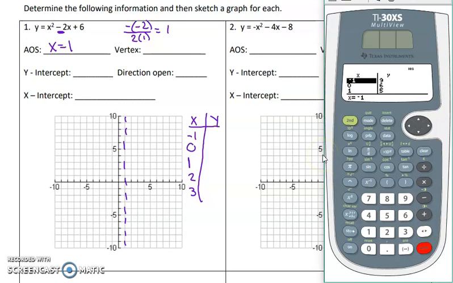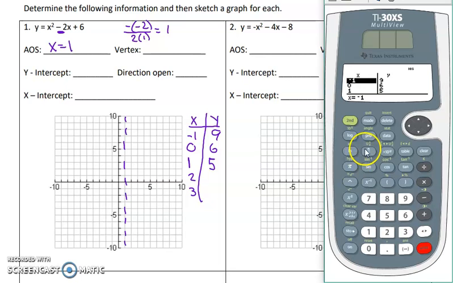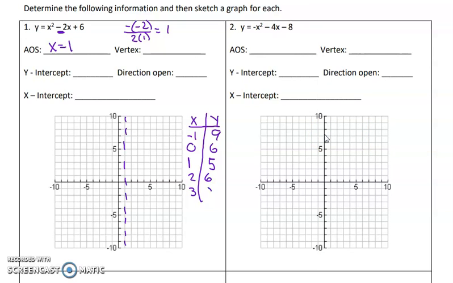And I see that at -1 we get 9, at 0 we get 6, and at 1 we get 5. And then hopefully at 2 and 3 we see that repeating pattern. So I'm scrolling. Yep, there's that 6 that repeats, and then the 9. Okay, that helps you know that you do have the right axis of symmetry that's in the middle.